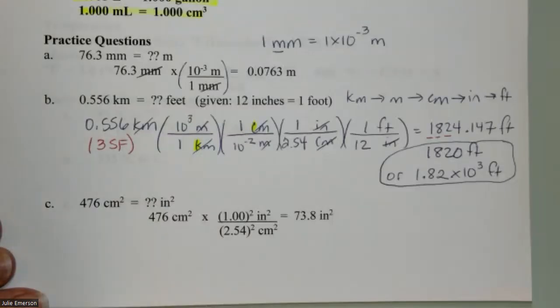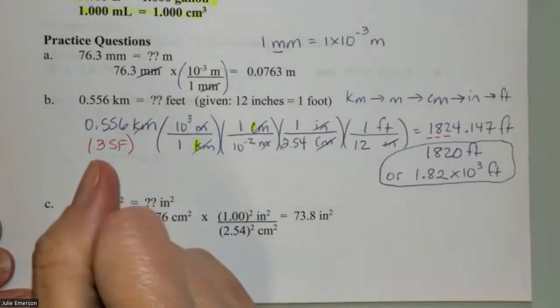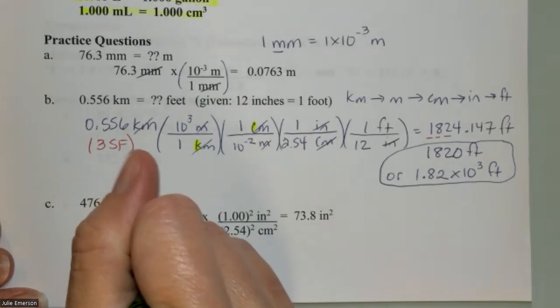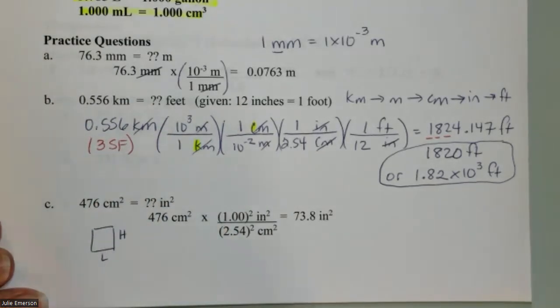Because if you think about it, an area would come from taking length times height, right? So you'd have to know your length measurement and your height. You'd multiply the 2 to get your area. If I don't have each individual measurement, I can't convert separately from centimeters to inches, but I would still have to do that conversion twice. And that's what this is showing you, that if your unit is squared, you have to square the conversion factor. All right, so we're going to try one of those on the next page.